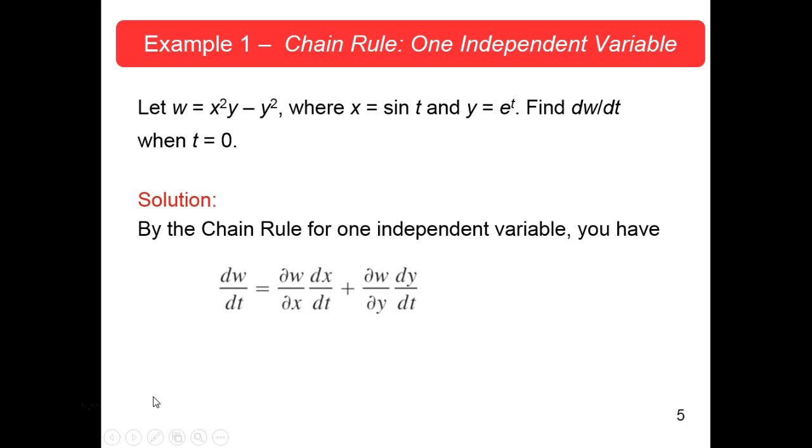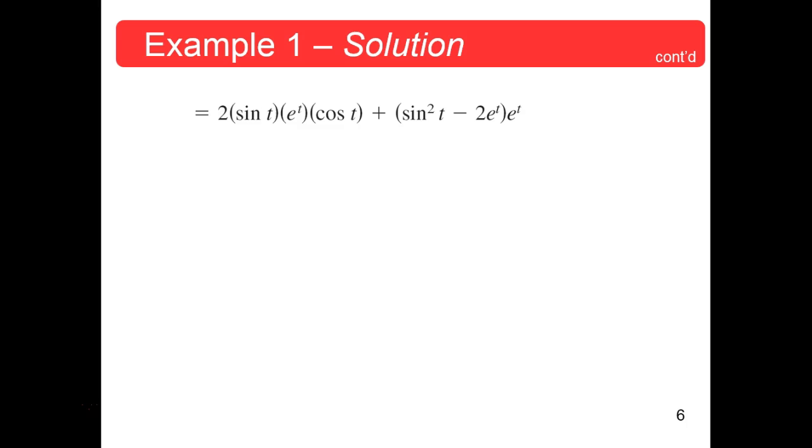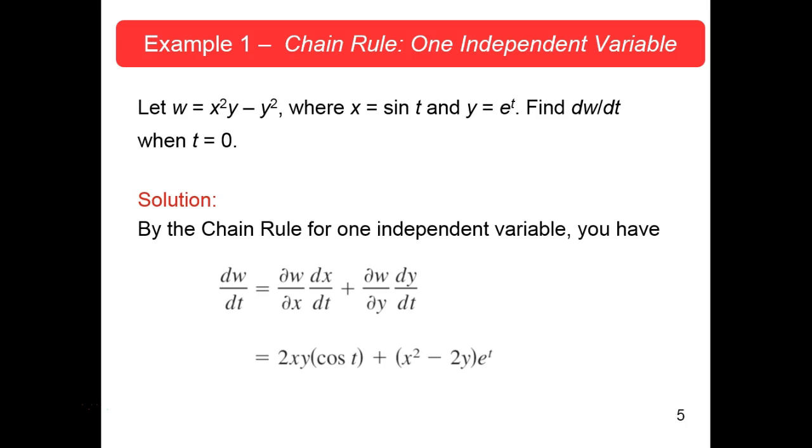Okay, by the chain rule for one independent variable, you have dw dt is equal to partial w with respect to x dx dt plus partial w with respect to y dy dt. Okay? And that would be 2xy cosine t plus x squared minus 2y e to the t. Okay? But that has x's and y's in it, should only have t's in it.